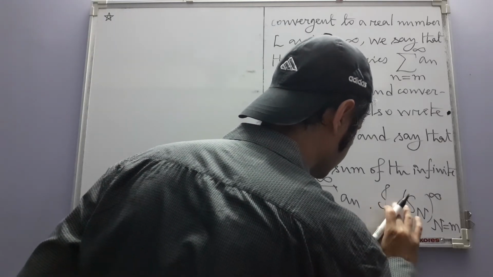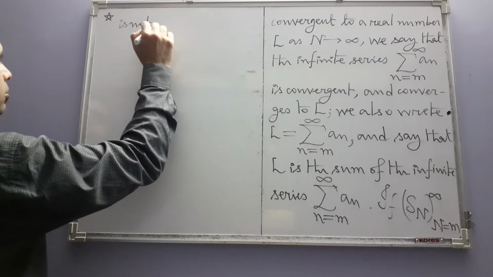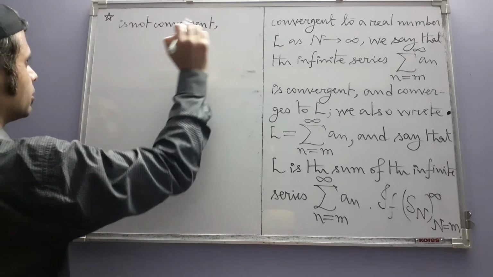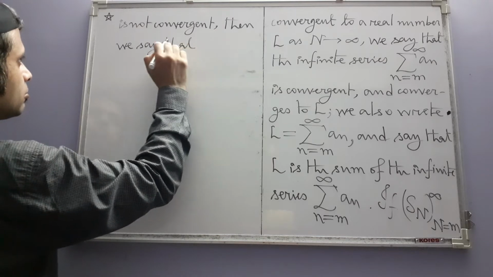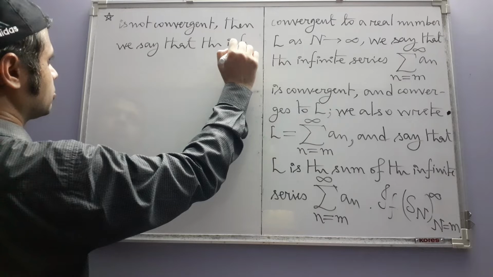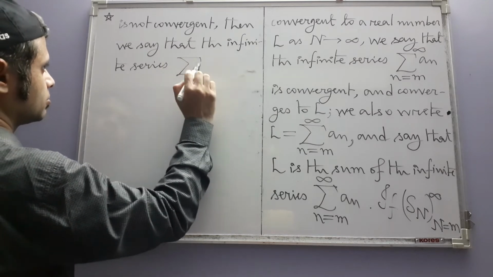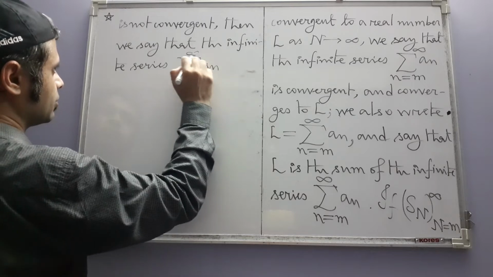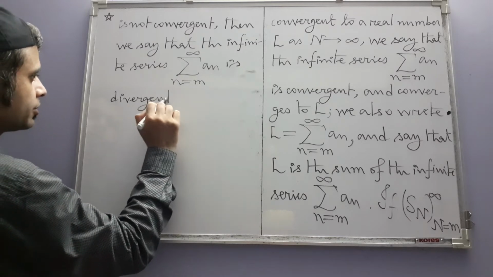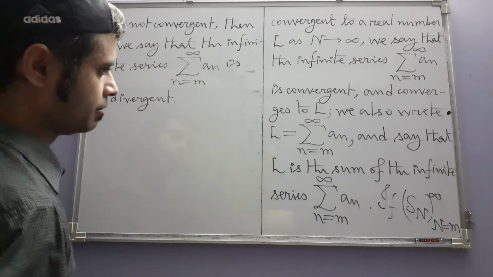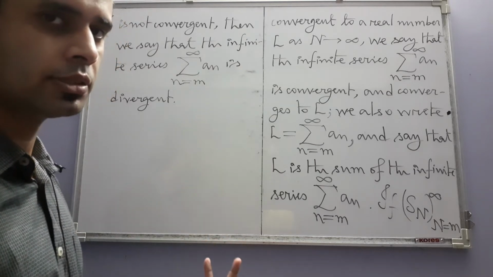If this is not convergent, or in other words divergent, then we say that the infinite series itself is divergent, or it diverges. And when this happens, we do not attach any value to this like L. But even in this case, in some theories of summability, we still attach a value to this thing.